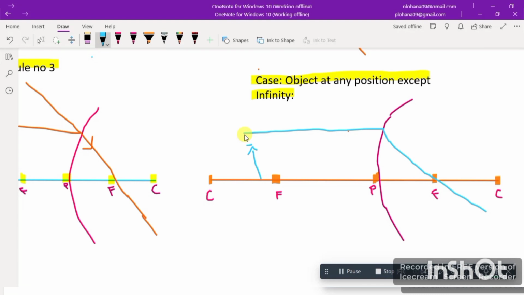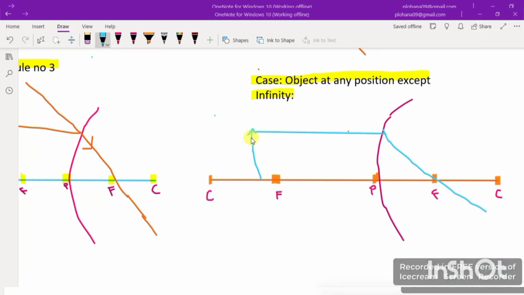So again we do have the next rule, what it says. As you can see, I have increased the height of this person who is standing here. Let me mark here. Suppose this is point A and this bottom point is B, right? The second rule was when a line is passing through the center of curvature it will always come back along that same path after reflection.